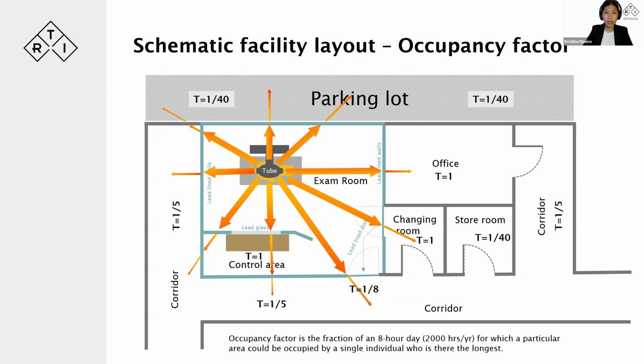And whenever we do these shielding surveys, we do use the word survey because we go around the X-ray room. We factor in the amount of time that the adjacent rooms around the X-ray room are occupied. Here we use what we call the occupancy factor.